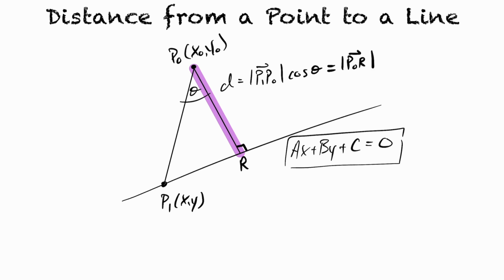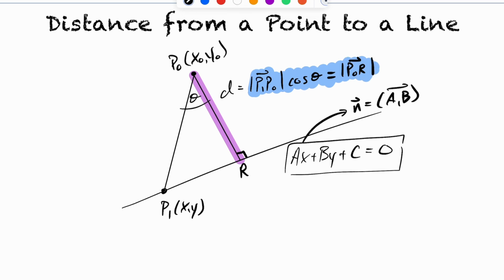Now let's take a closer look at this formula and see if we can manipulate this in any way to get a nicer formula for ourselves here. So first of all, take a look. I'm going to take a look at P1 P naught. And by definition, the vector P1 P naught is going to be x naught minus x, y naught minus y.